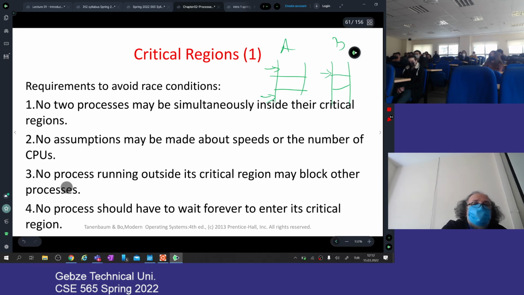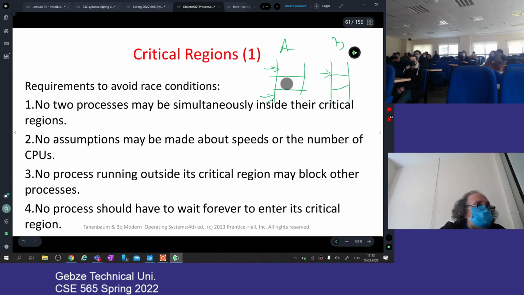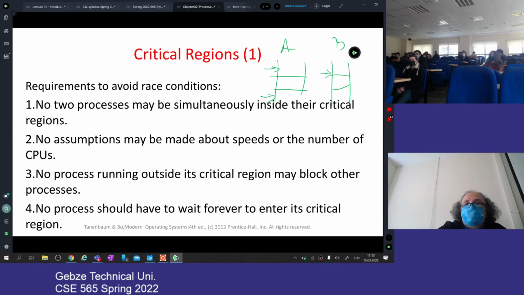If nobody is in the critical region, then B should not be blocked. And sometimes you might say, what is wrong with this rule? Who makes such a blocking? But sometimes this happens.